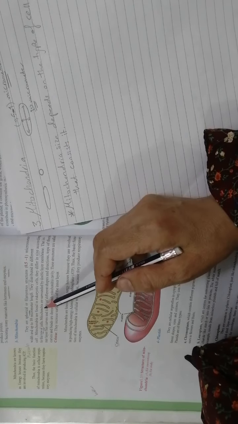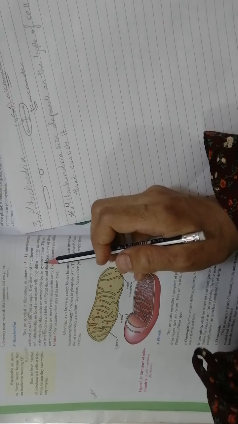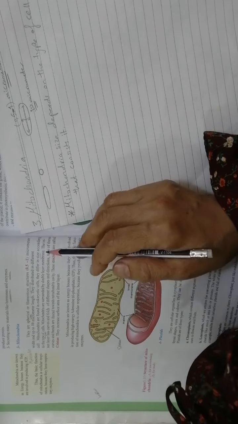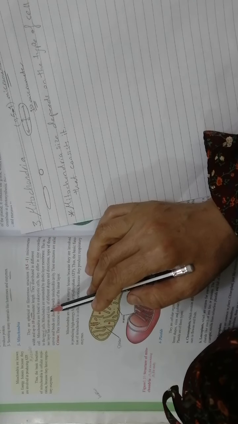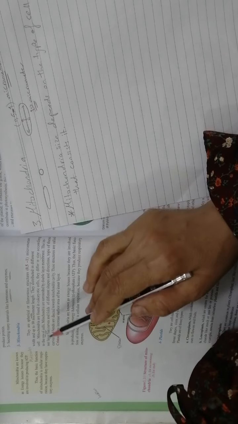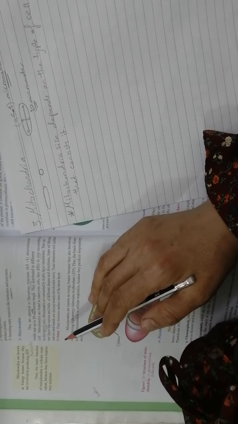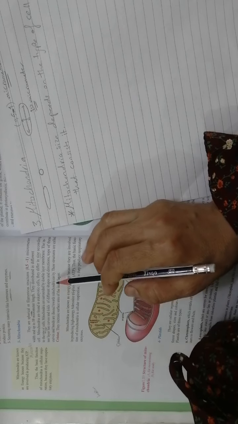The mitochondria is surrounded by a double layer membrane. The inner layer has curves and folds of different shapes and directions. Tops of these curves and bends are directed towards the mitochondrial cavity.